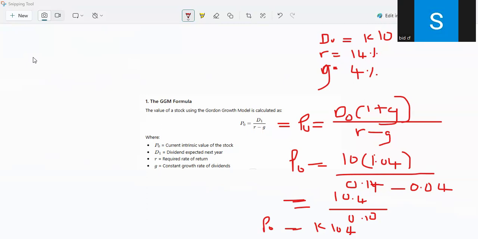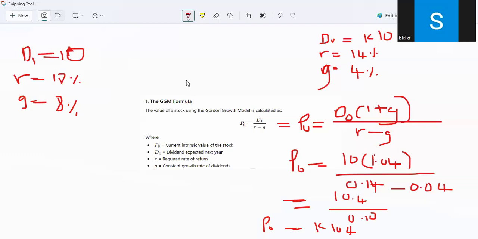So somebody help me. Suppose instead we're given our D1 as 10 kwacha, and our required rate of return is 18%. And our growth rate is what? 8%.